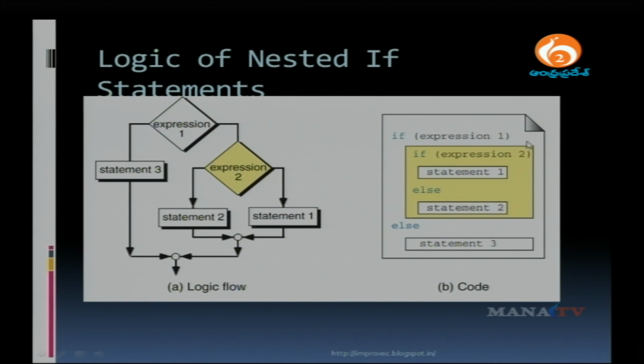If expression 1 is true, expression 2 will be checked. If condition 2 is true, statement 1 is executed. If condition 2 is false, the else part, statement 2, is executed. We write the else part inside the inner if also. If you do not write the inner else statement, then when the condition is false, nothing is executed at all.